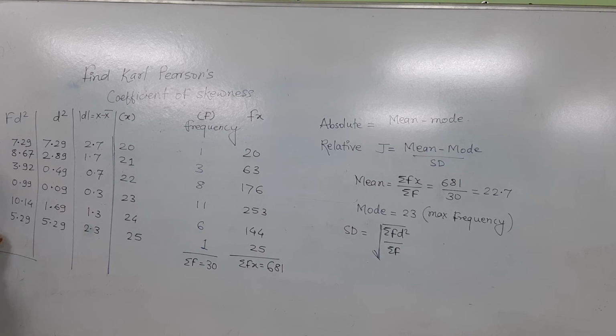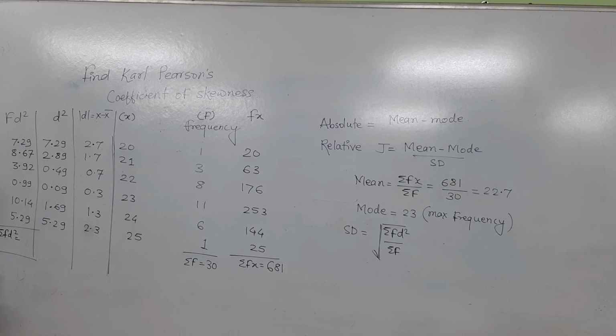We just have to sum up those values and we will get summation f d square. So 7.29 plus 8.67 plus 3.92 plus 0.99 plus 10.14 plus 5.29.